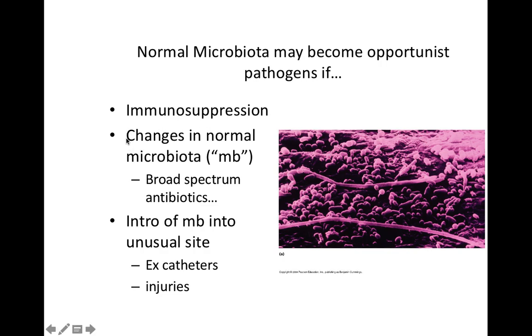Another thing is factors that will change the makeup of the normal microbiota. And this is a classic one, you guys. Let's say a female patient has a bacterial cystitis, a bacterial bladder infection. So you put the patient on broad spectrum antibiotics. It kills all the good protective members of the microbiome or microbiota, and thus opportunistic pathogens like the yeast Candida albicans now have no competition, right?